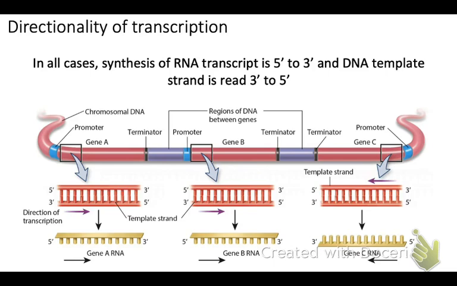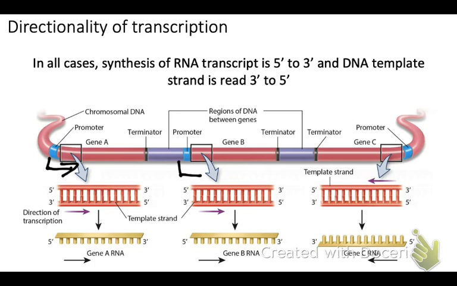So the DNA template strand will always be read 3' to 5', and synthesis of the RNA is always 5' to 3'. But the direction of transcription changes depending on the orientation of the promoter. The promoter has to come at the beginning of the gene. So notice how for gene A, here we've got promoter and then gene A, so transcription goes in this direction.